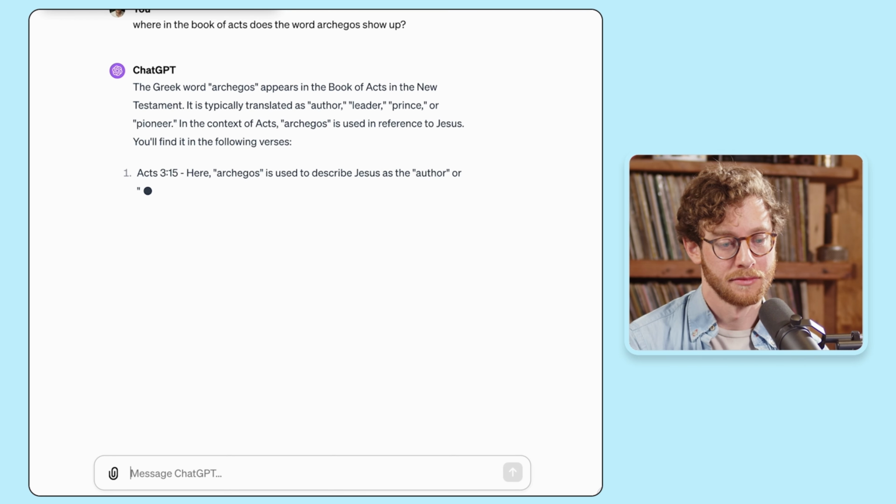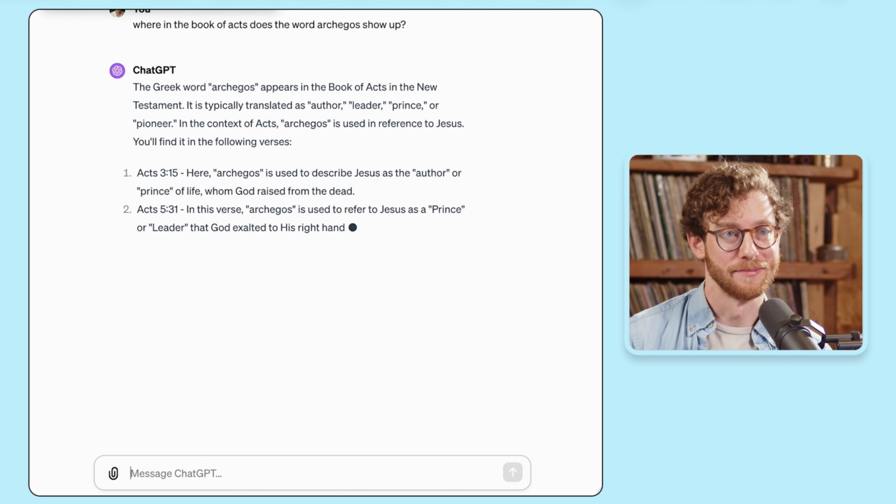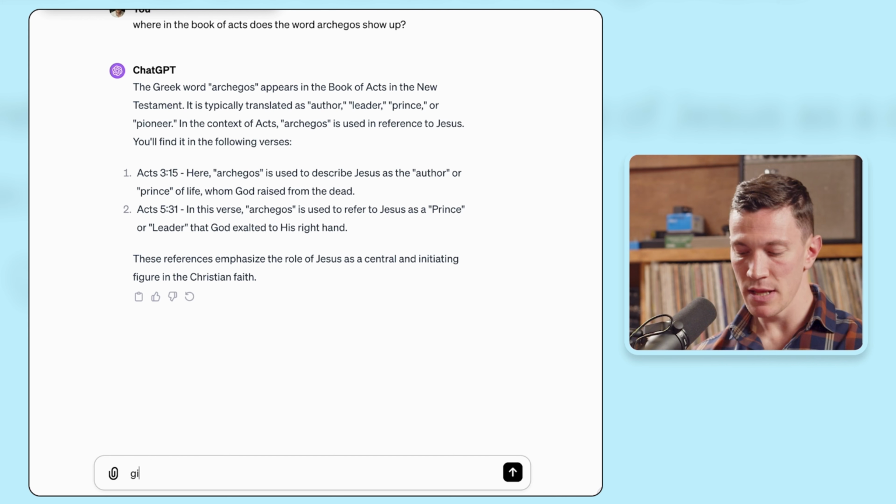Acts 3, I think it's also Acts 5. There you go. So then, let's say, give me the translations of the two Acts quotes in the ESV translation, the NIV, the KJV, and NASB. Let's see if it does it.